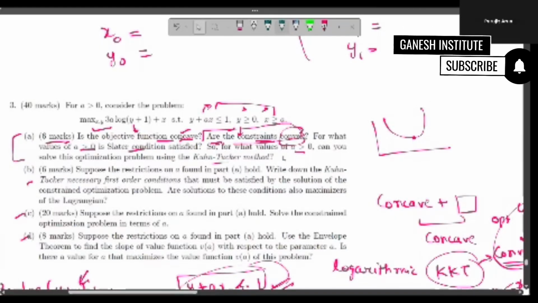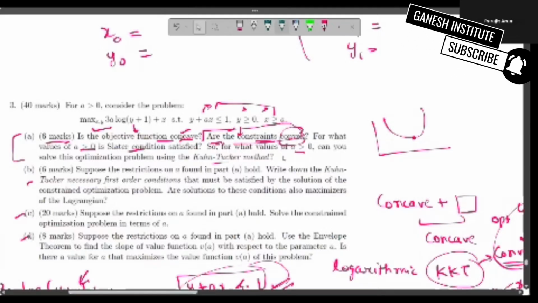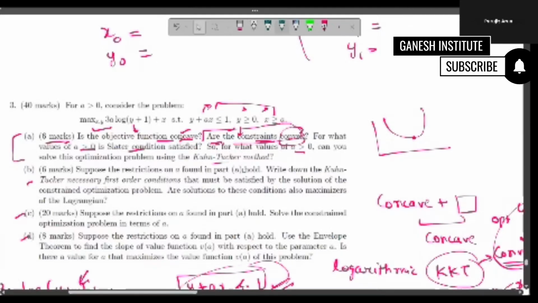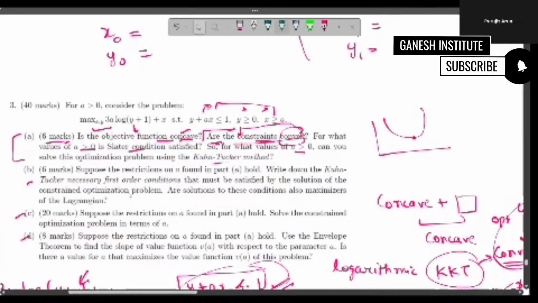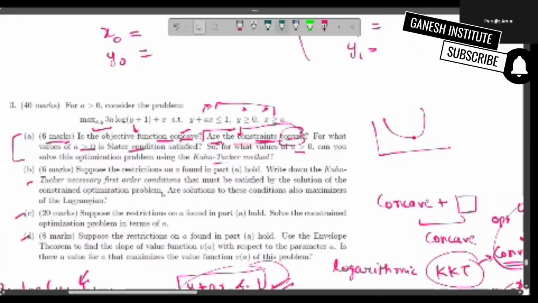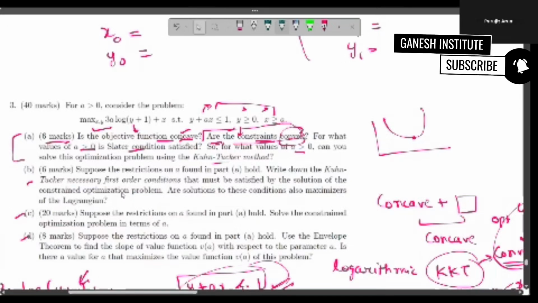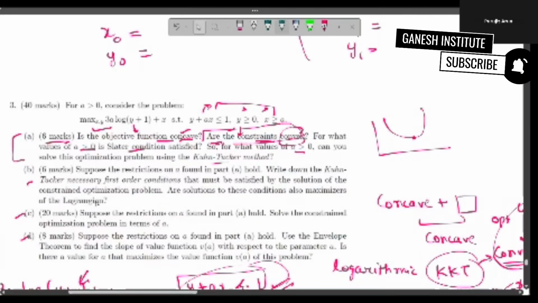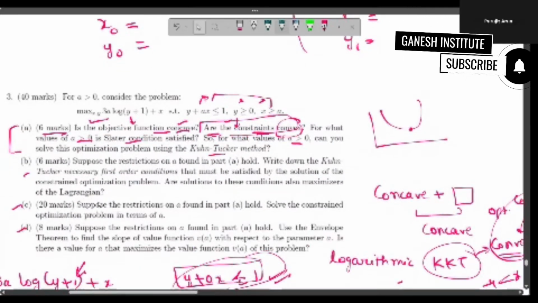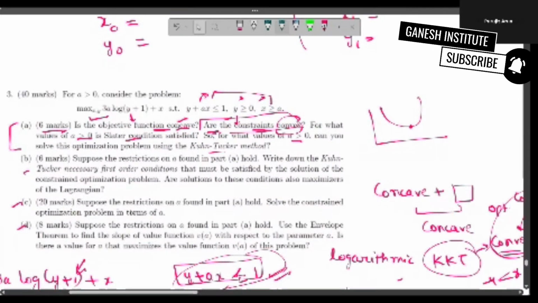So whatever value of A you found from part A, then you have to write down all those conditions for Kuhn Tucker which must be satisfied to maximize the Lagrangian. And then the third part is to solve for it.